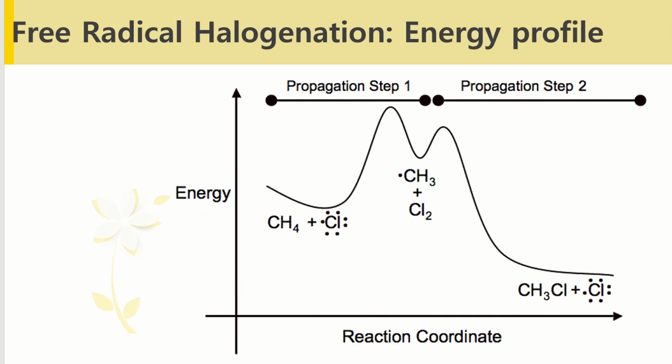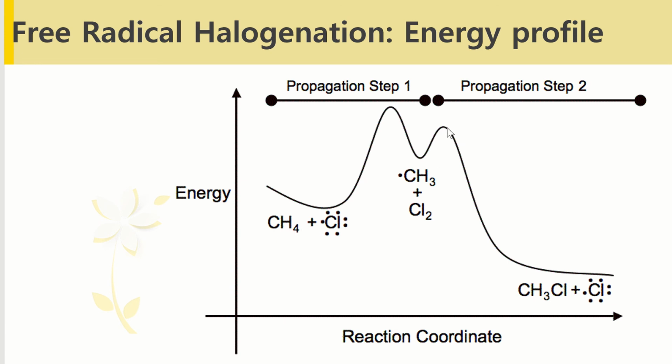And for the energy profile of the free radical halogenation, we start off with our radical and our methane. We end up with our intermediate, and we have propagation step 1, propagation step 2. So clearly we have our transition state here in which our carbon-hydrogen bond was being broken.